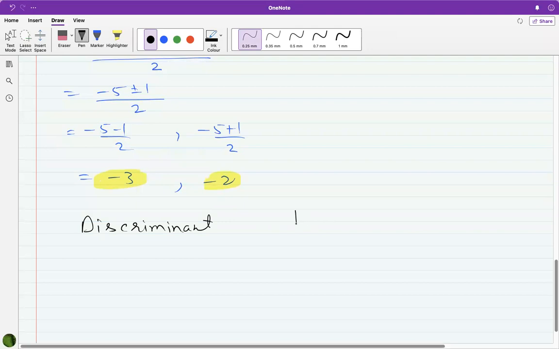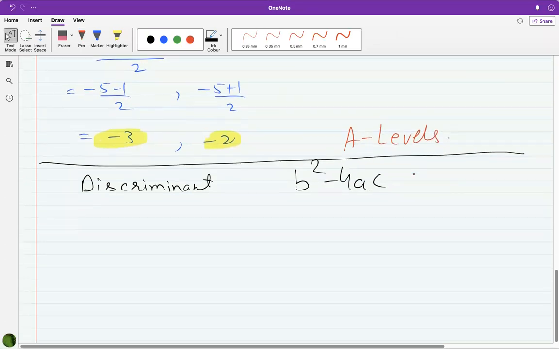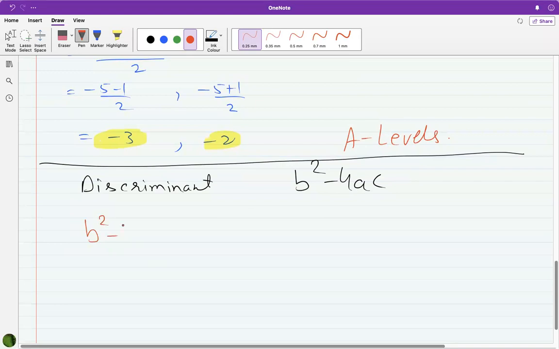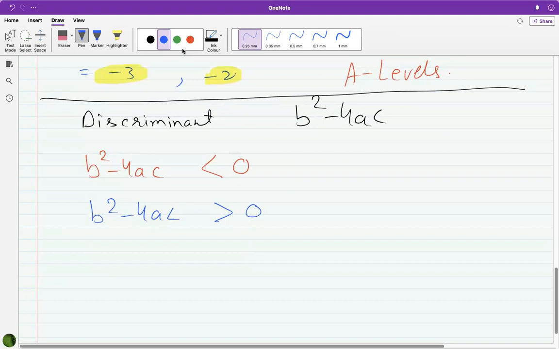The discriminant, which is b square minus 4ac. So what now? What does the discriminant have to do with all this? There are three things: b square minus 4ac is either less than 0, greater than 0, or the third one, equal to 0.